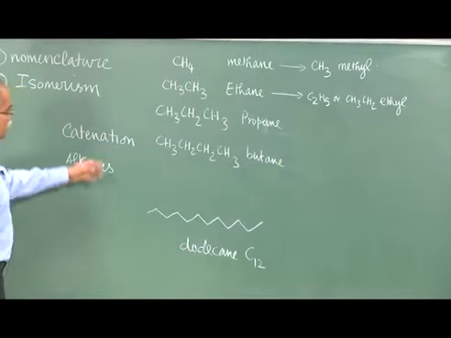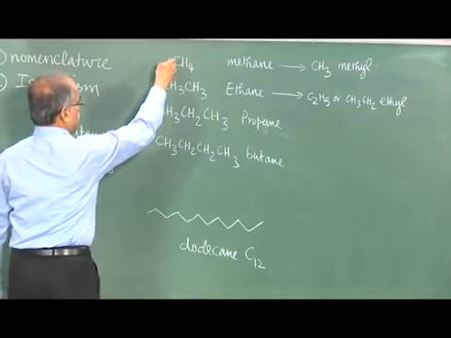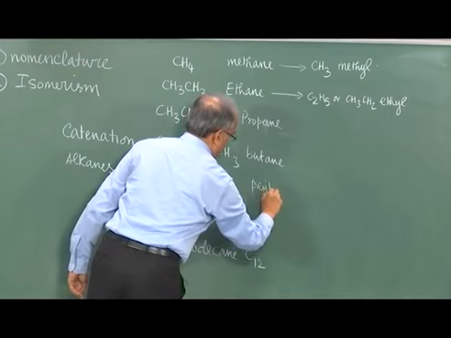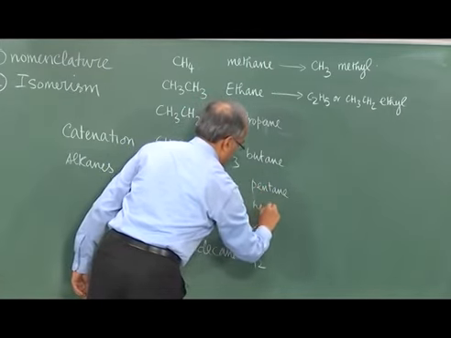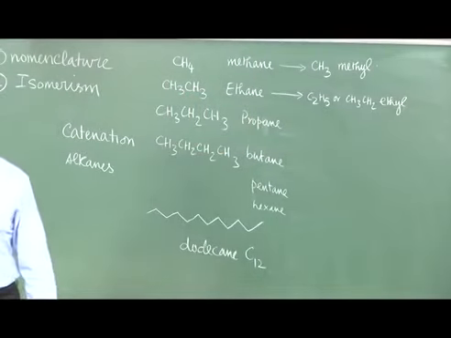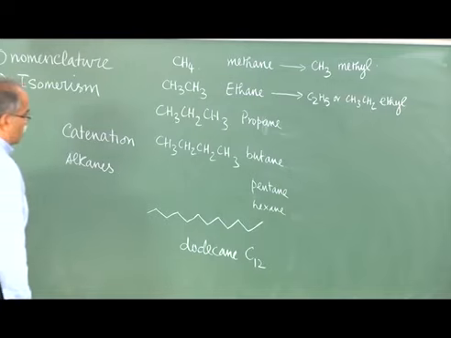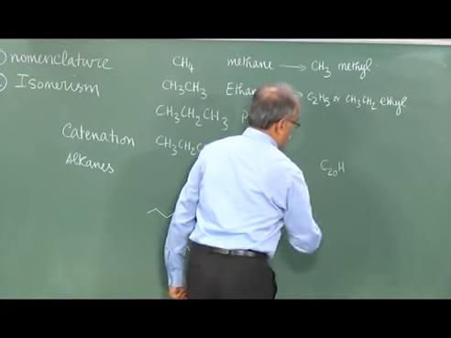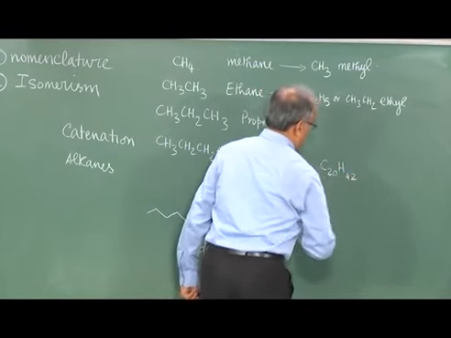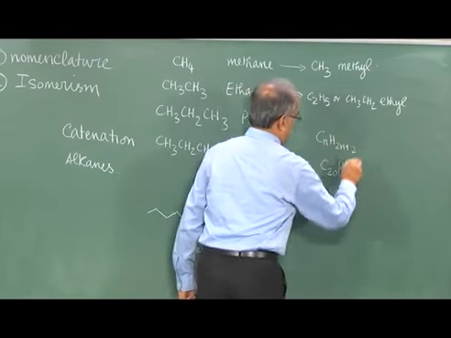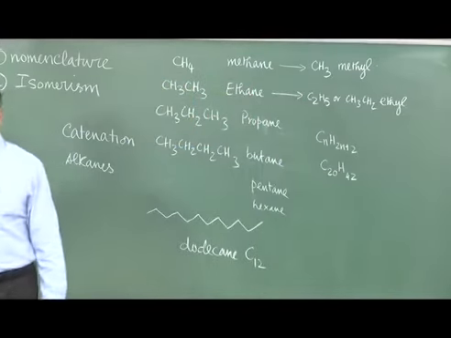and so on. So, corresponding to the homologous series of C1, C2, C3, C4, the next homologs will be pentane, hexane, heptane, octane, nonane, decane, undecane, dodecane, tridecane and so on. So, the corresponding C20H42, this corresponds to the CnH2n+2 rule, which is the saturated hydrocarbon molecular formula.